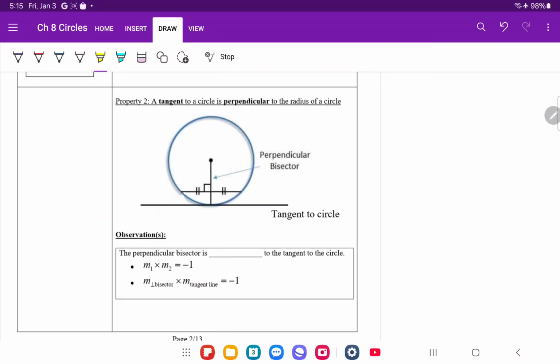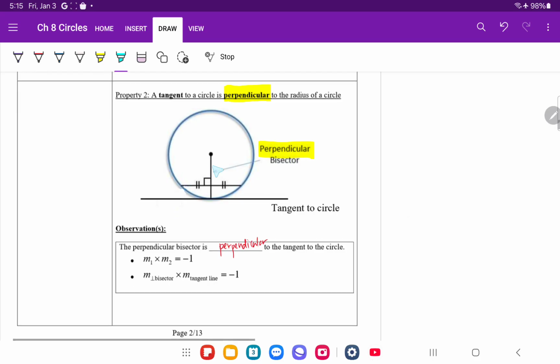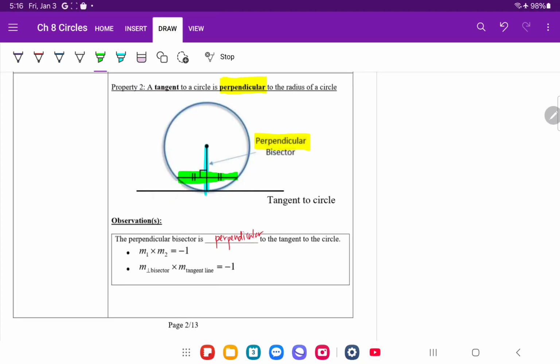Because they are perpendicular, we must know that the blue line and the green line, let me draw it out, must be perpendicular, and hence they fulfill m1 times m2 equals -1. That's one.